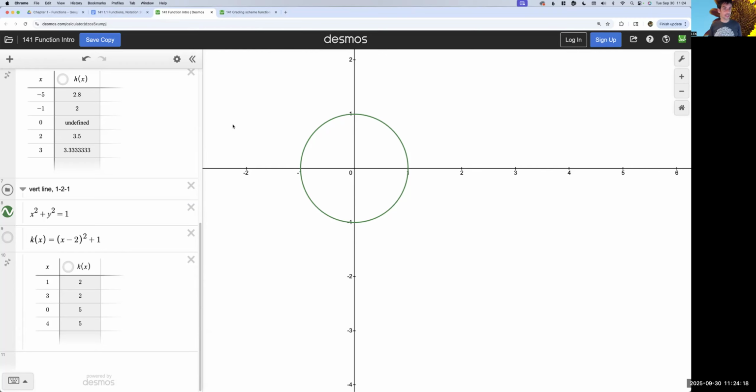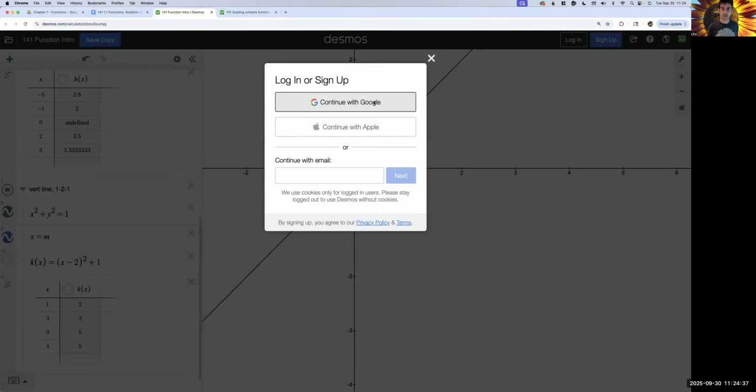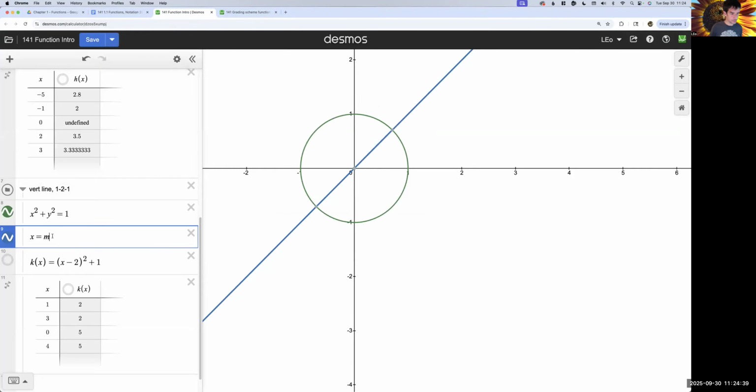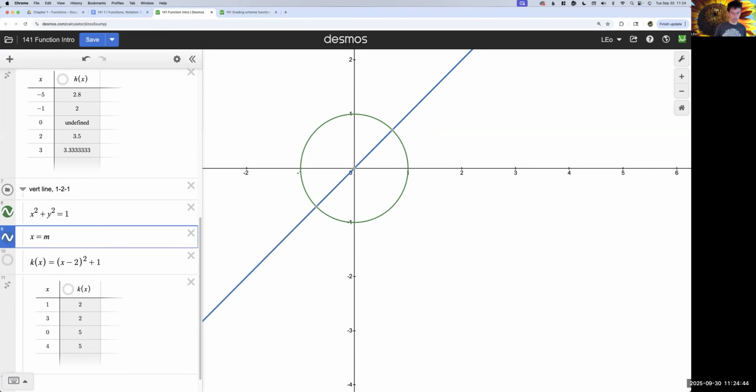And let's just go ahead and see that with the idea of the vertical line test. Let's just put in x equals k. Let's try different. I think I have to be signed in for it to do what I want it to do. That's weird. Oh, I see why.